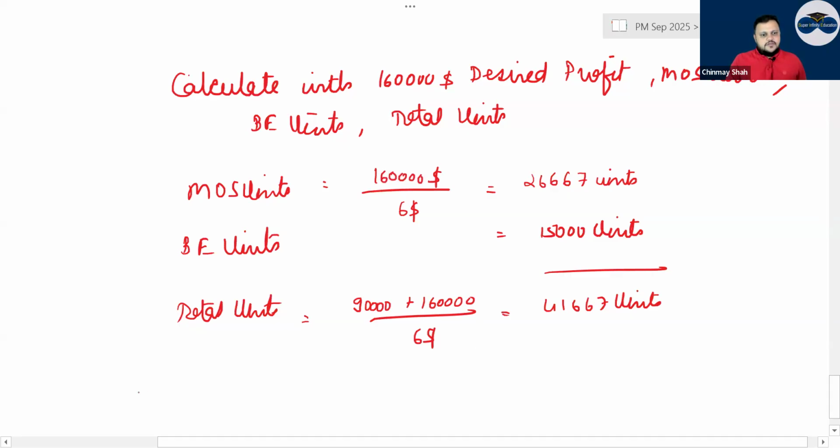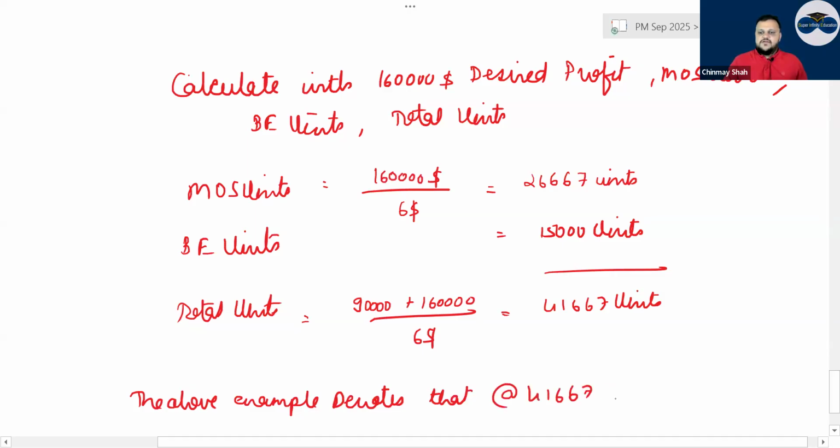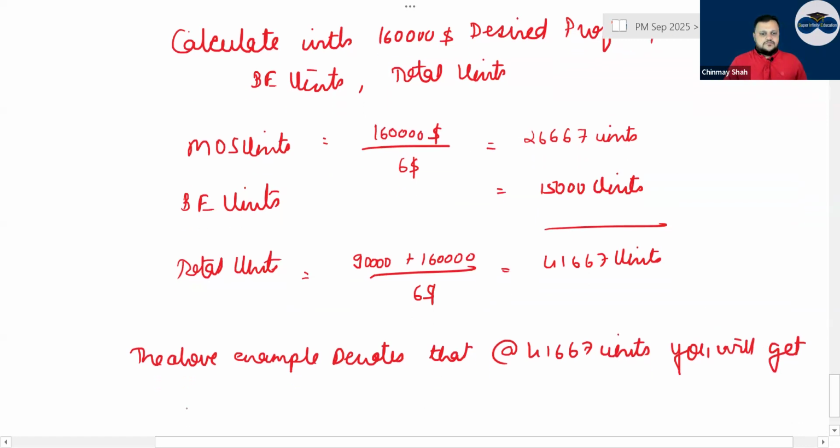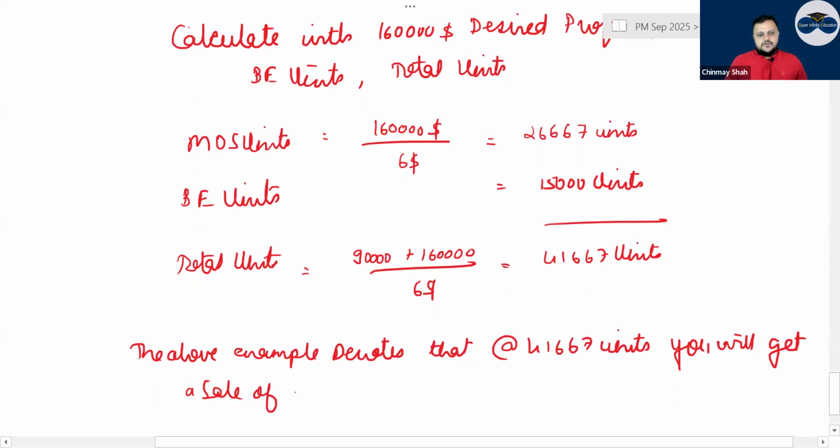So write down the above example denotes that at 41,667 units, you will get a sale of $416,667 and a profit of how much? Tell me. How much profit? Desired profit? 160,000.